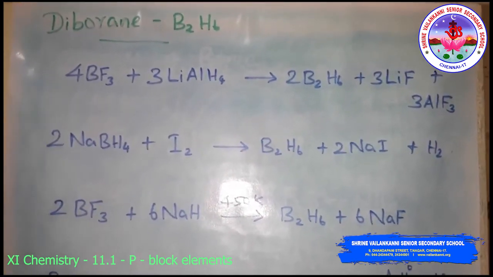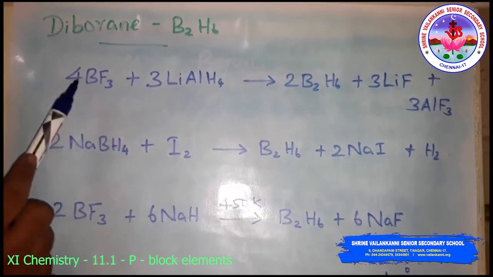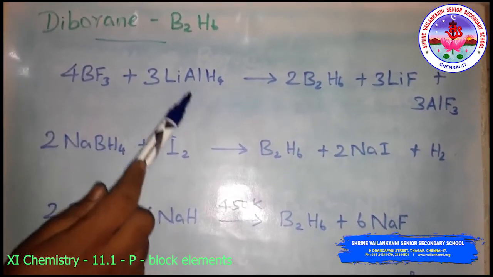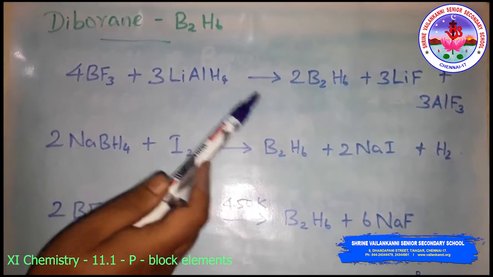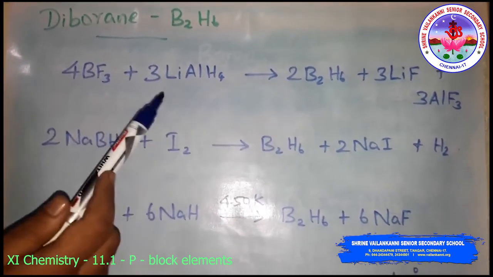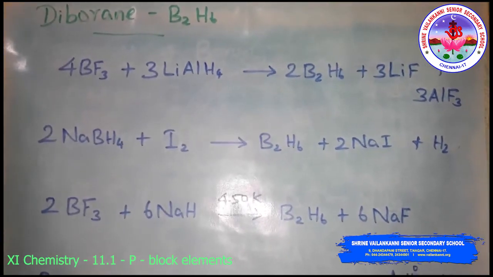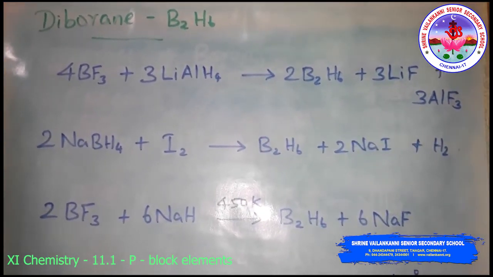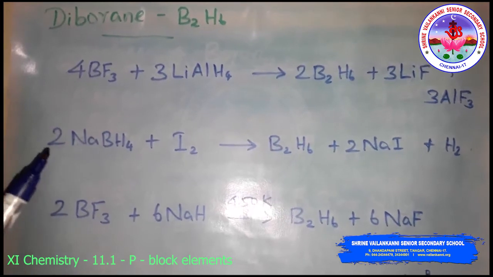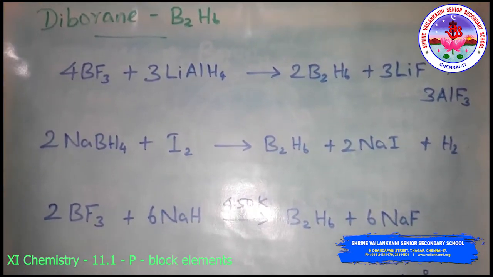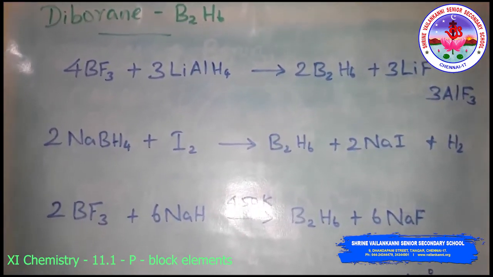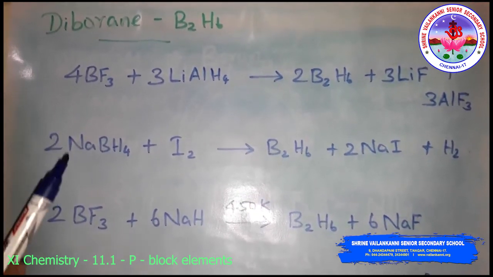It is prepared by treating boron trifluoride with lithium aluminum hydride in diethyl ether to form diborane. Then a convenient laboratory method for the preparation of diborane involves the oxidation of sodium borohydride with iodine.